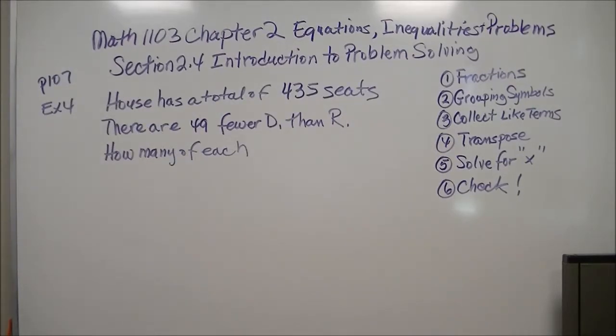Now, in our legislative branch of the government, we have a House of Representatives and a Senate. Well, the House of Representatives has a total of 435 seats. There are 49 fewer Democrats than Republicans.